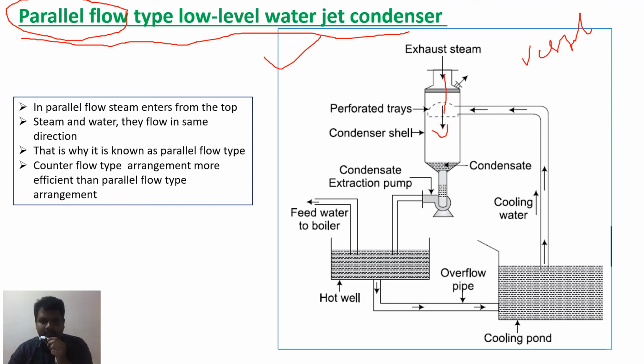As you can see here, this is the steam. It is entering the shell from the top and moving in a downward direction, and also the water. This one also enters the shell from the top and moves in a downward direction.